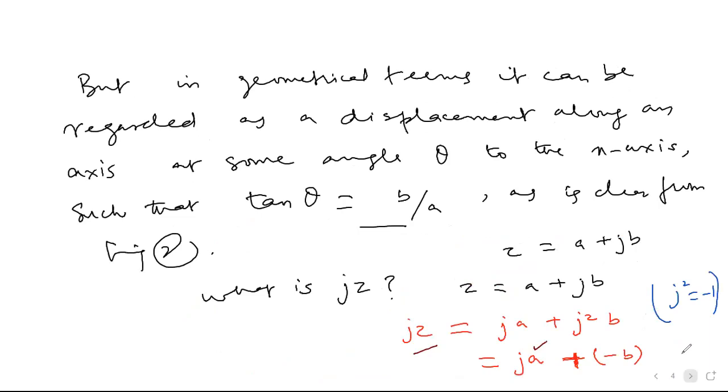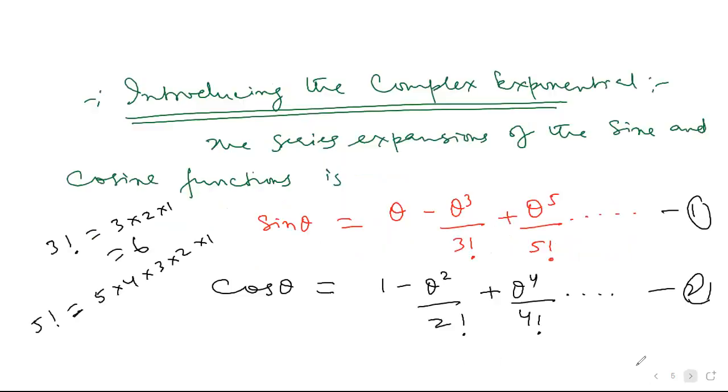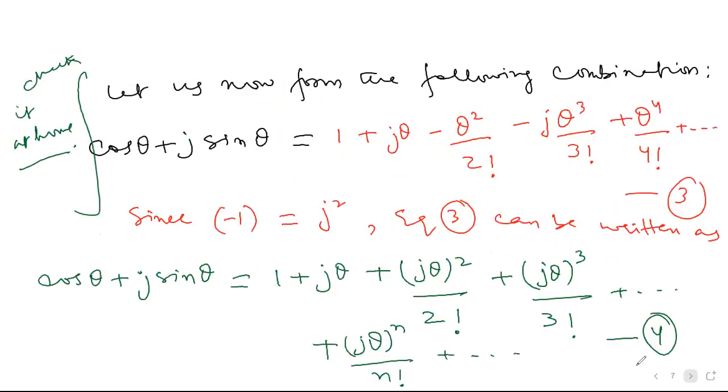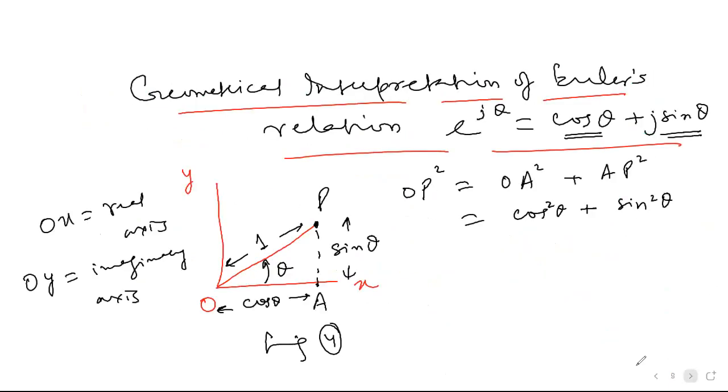Then we said that if we multiply vector z by j, it will rotate it through 90-degree angle in counterclockwise sense without affecting its magnitude or length. Then we established Euler's formula, cos theta plus j sine theta is e^(j theta), and we gave its geometrical interpretation.